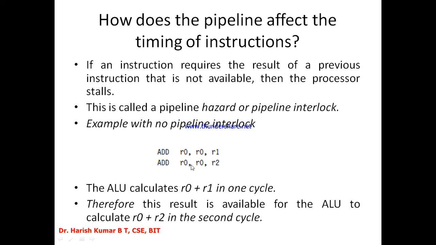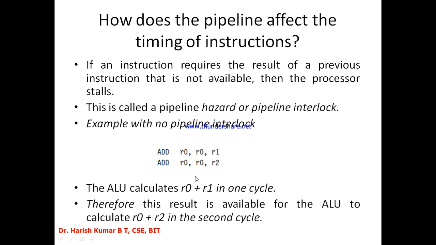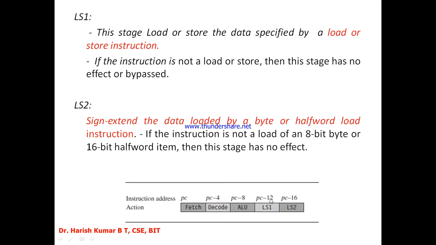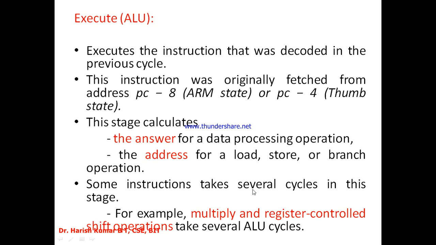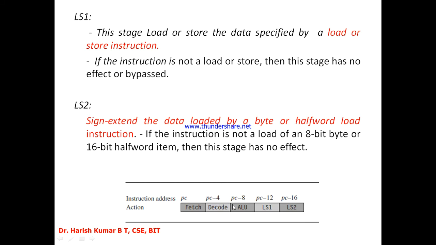Why does it get immediately executed? Because there is a technique called the forwarding technique. Using that technique, the result that is computed here, let me go back to the pipeline. When the first add is here, the second add is here. When this executes, you have the result in R0. This R0 will be immediately fed back because in the decode stage you have the second add instruction.